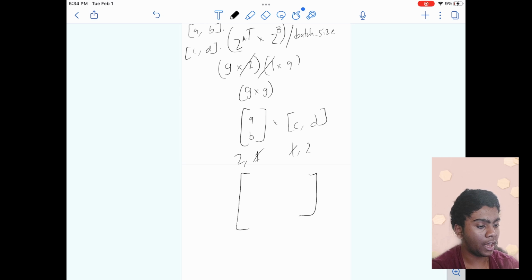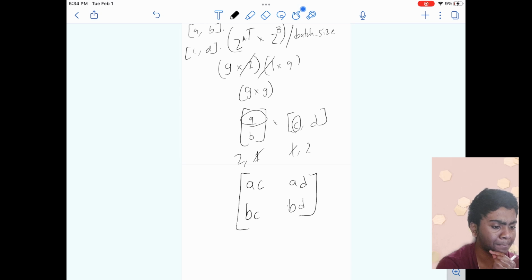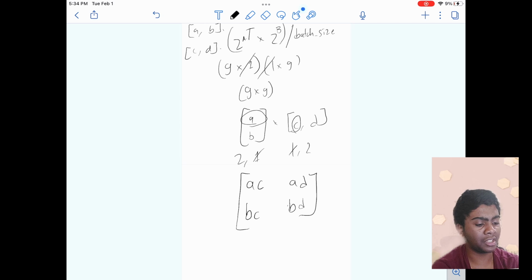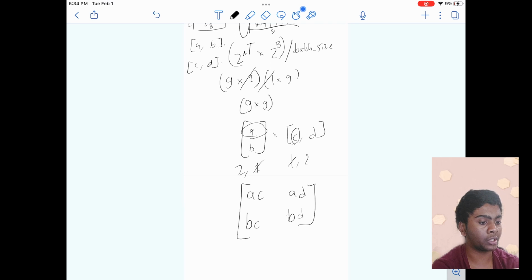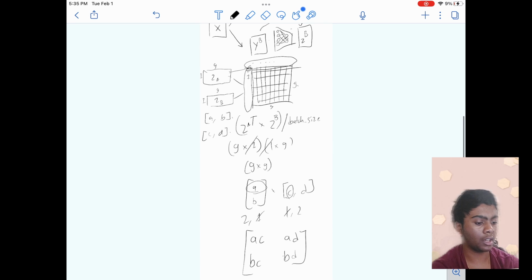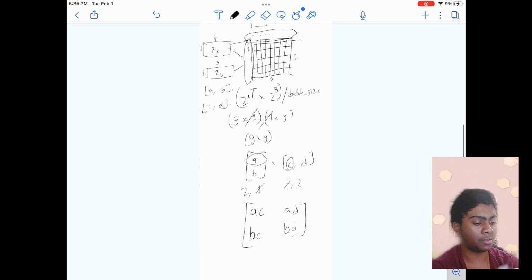It'll be A times C, A times D, B times C, and B times D. Then we divide all of this by the batch size, and the batch size is 1, so this will be our cross-correlation matrix, right? And so that is how the process works. This is the equation for the cross-correlation matrix. And when we have representations which are similar, our cross-correlation matrix will actually look like an identity matrix.